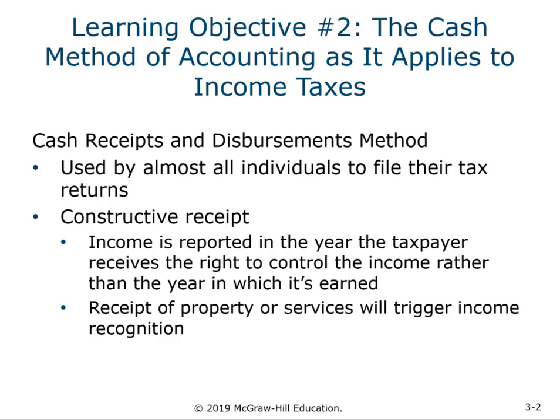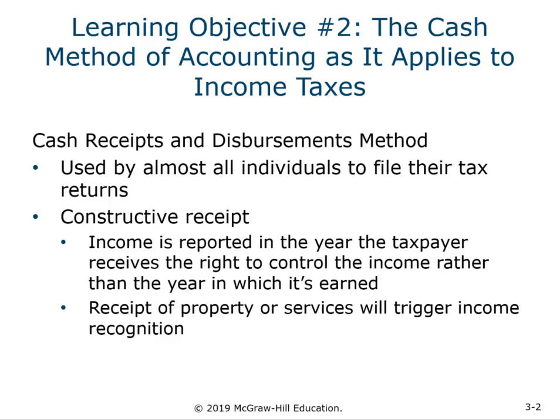Most taxpayers use what's called the cash method of accounting. When you're an individual, technically you could choose other ways to determine your income. We learned in earlier accounting classes the idea of accrual accounting, where you record income when it is earned, not necessarily when you receive it.